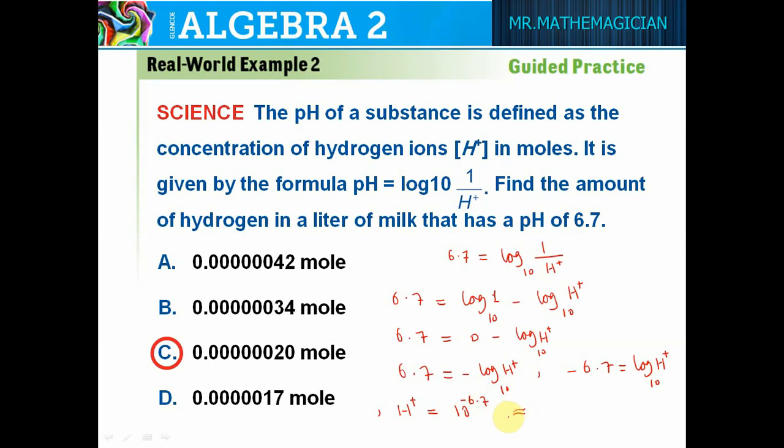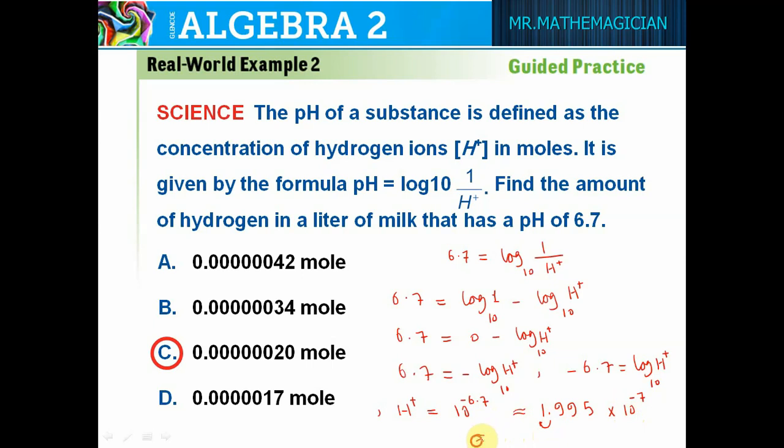Use your calculator to find it. It will appear as 1.995 times 10 to the negative 7. You know that 10 power negative 7 means we will move the decimal point to the left 7 steps.